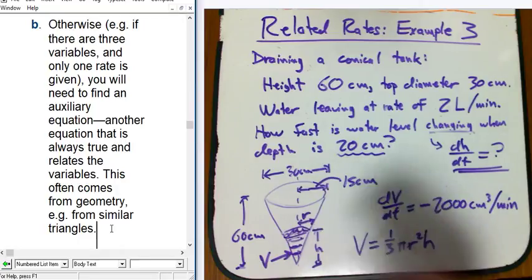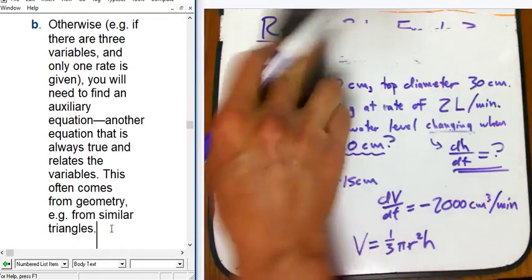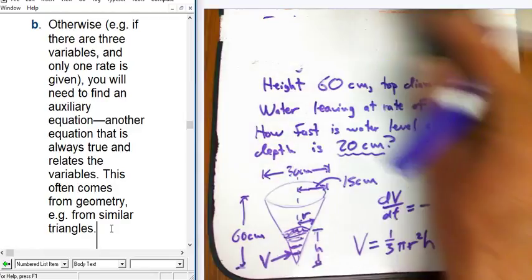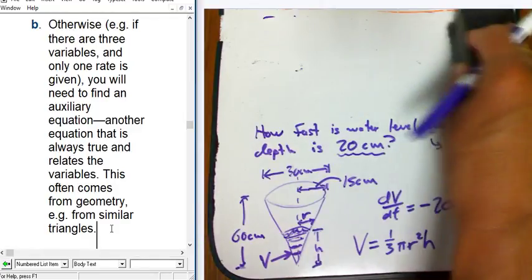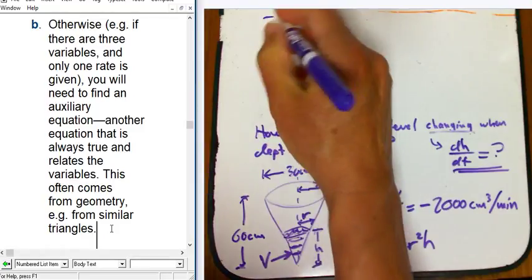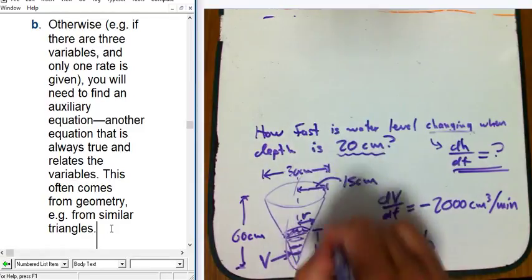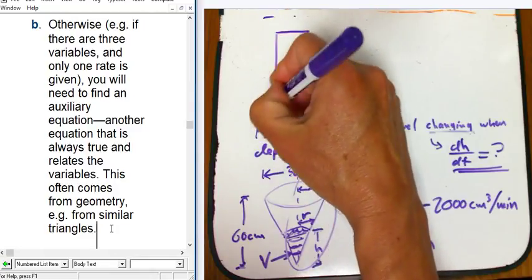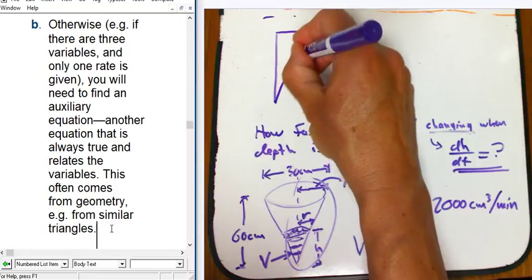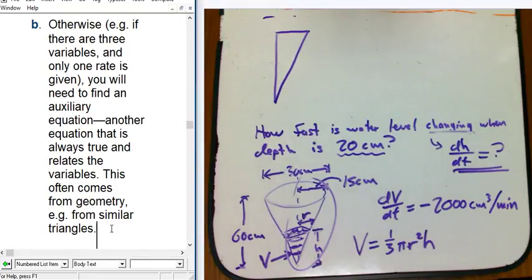If I just look at the cross section, so let's erase some stuff. I do need to leave that 20 centimeters because I don't want to forget that. But just look at the cross section of, let's say, half the tank. This is a very common thing, you've probably seen this before. When you have a 3-dimensional problem, a lot of the time the heart of it is really just 2-dimensional.